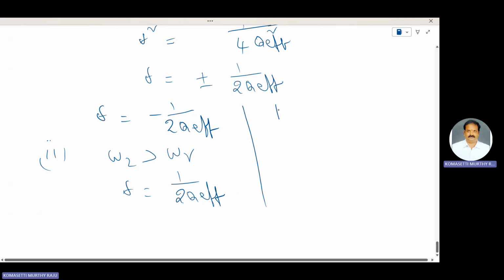Next, calculate bandwidth. Bandwidth is equal to resonance frequency by quality factor Q effective.